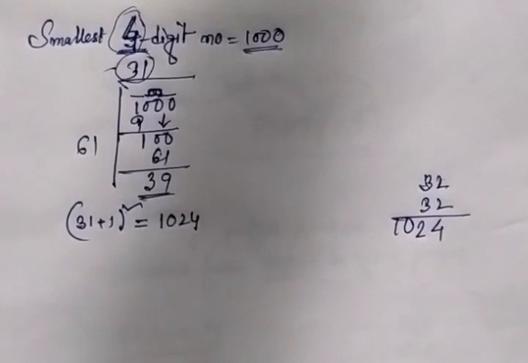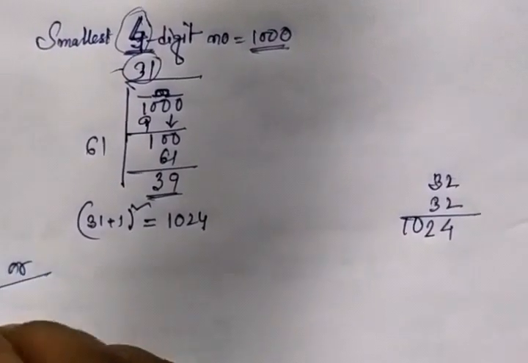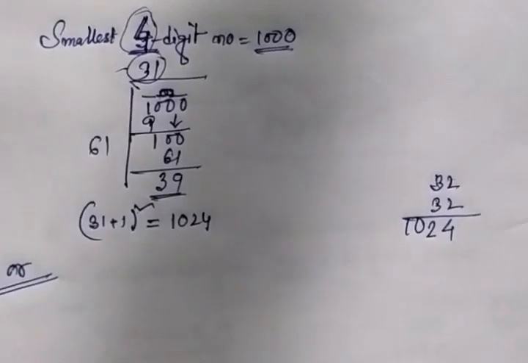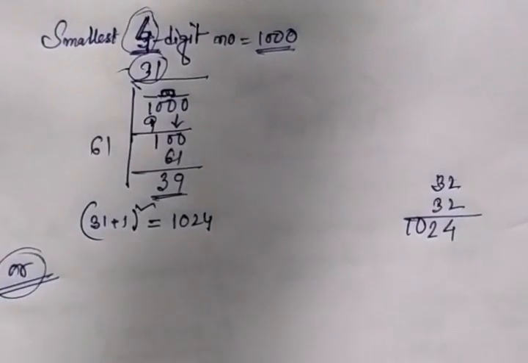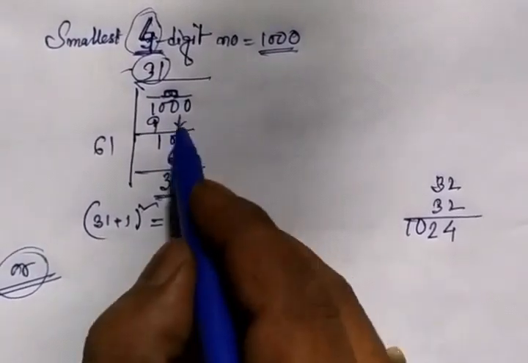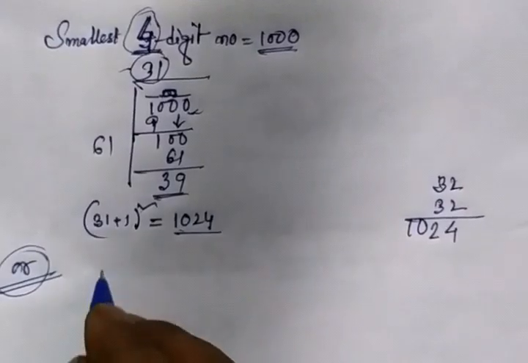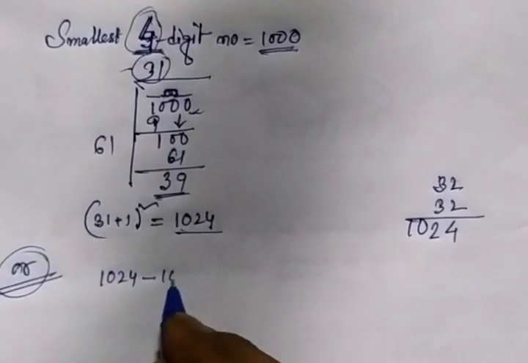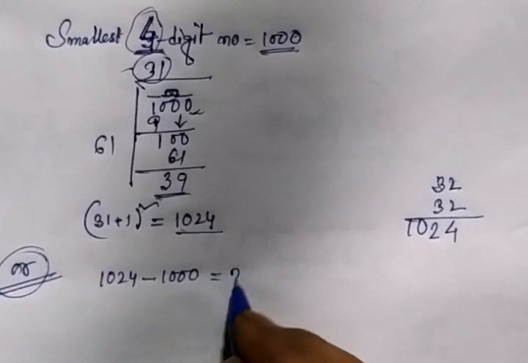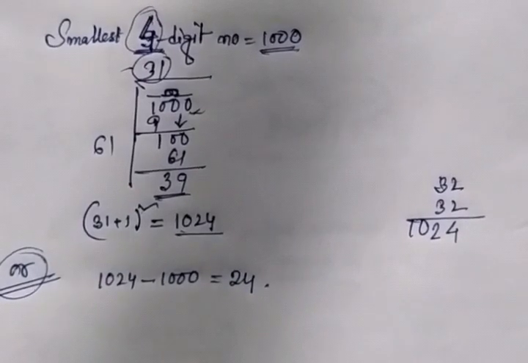And in the question, which number added to 1000 gives a perfect square number? So the smallest number to add to 1000 is 1024 minus 1000, which is 24.